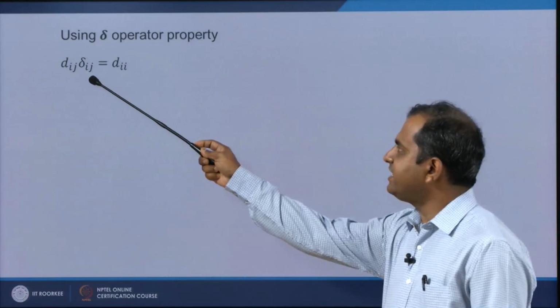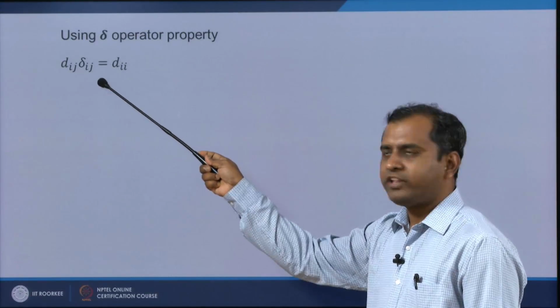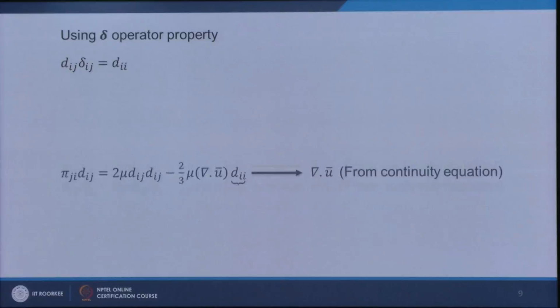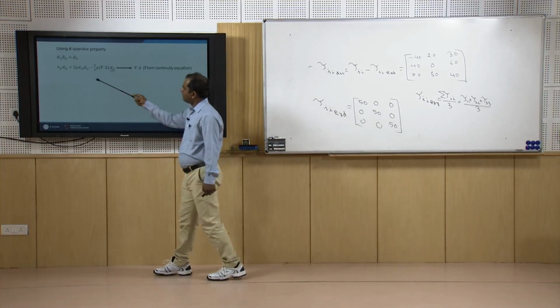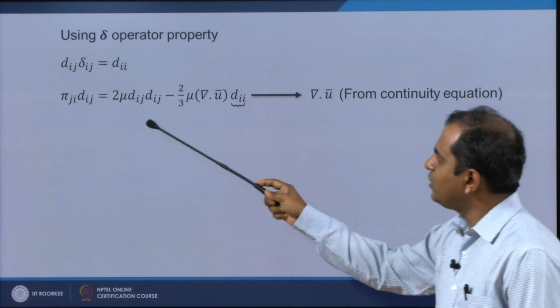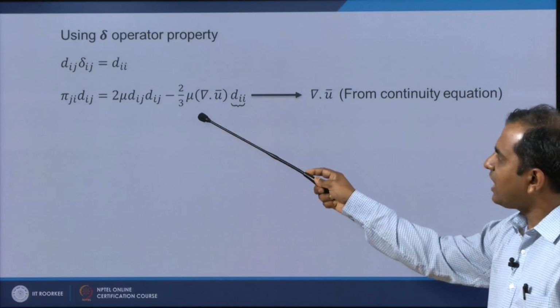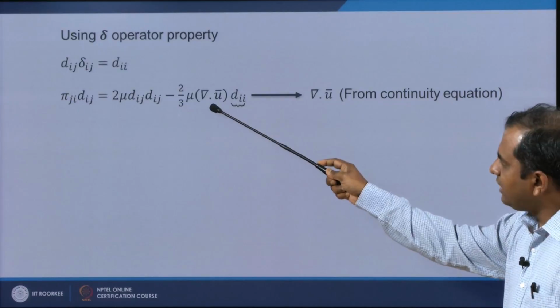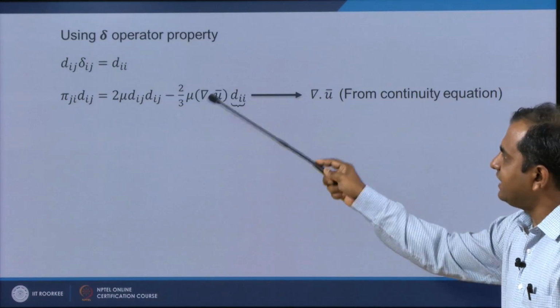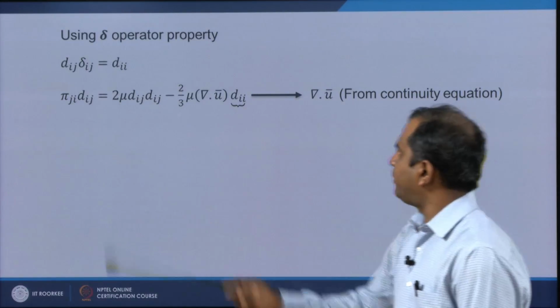For this delta ij, whenever i and j are not equal, it becomes 0. So, pi ij into dij will change to 2 mu dij into dij minus 2/3 mu into del dot u into dii, due to this Kronecker delta property.